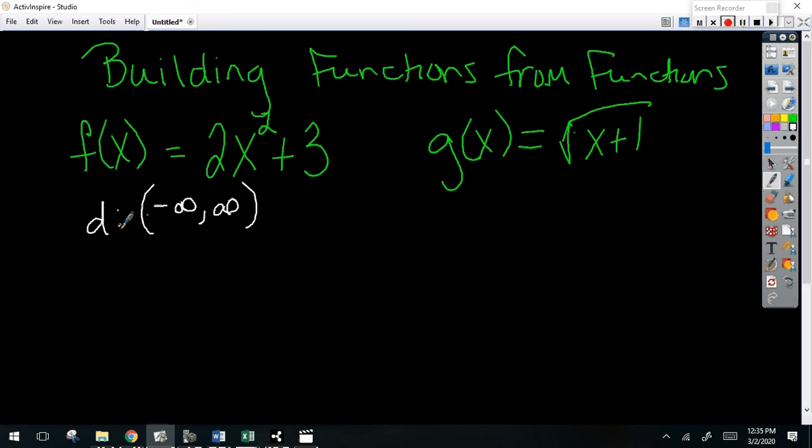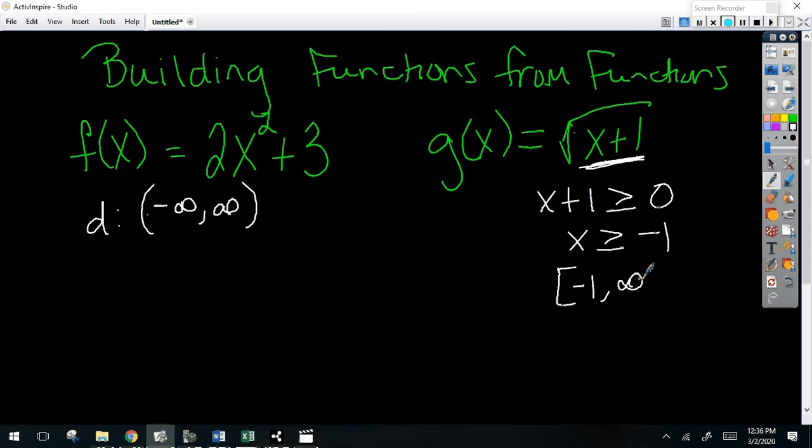So this needs to be bigger than 0, because that would make it positive. If I solve that for x, I know that x has got to be bigger than -1. How do I write that in interval notation? That's correct, to infinity. So the domain of g is this.